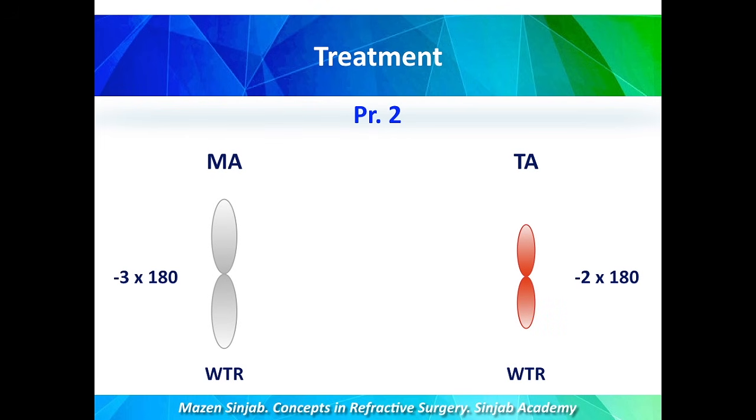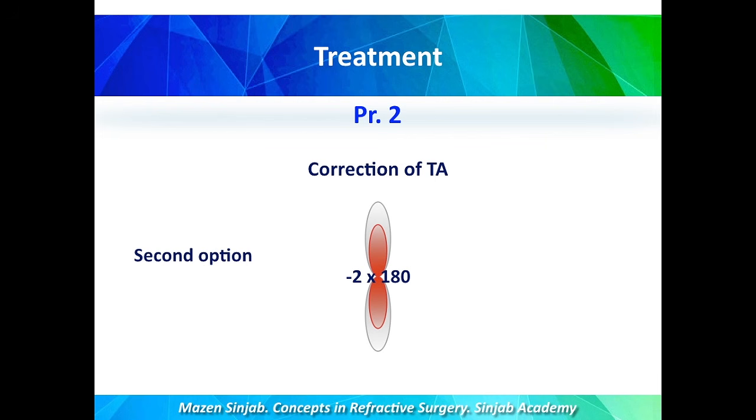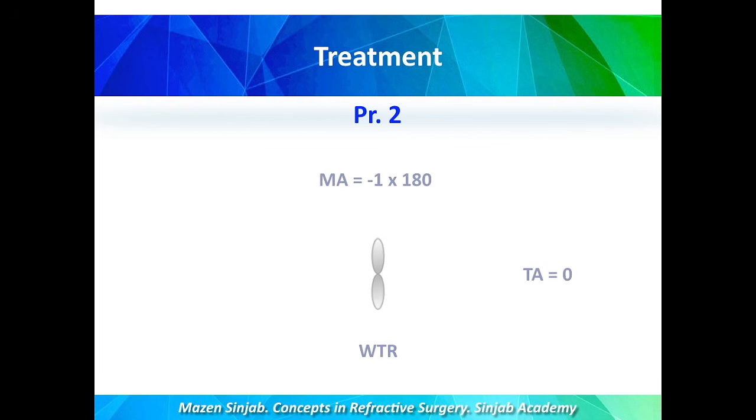So the other option is to treat the amount of topographic astigmatism, and in this way we will reduce the amount of manifest astigmatism, and we will have a 0 topographic astigmatism. But in this case, we are not correcting the full refraction that should be treated of the patient.